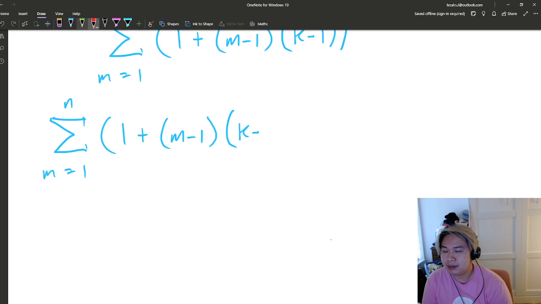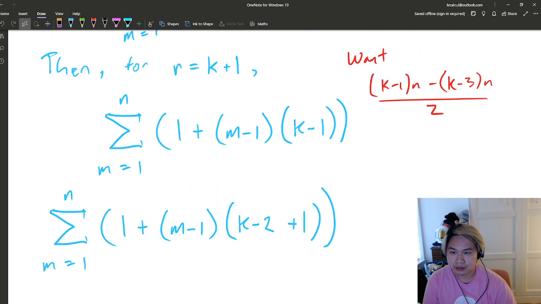So this is the same as k minus 2 plus 1, right? I need a k minus 1, or I need a k minus 2. So I'm going to rewrite the minus 1 as a minus 2 plus 1.